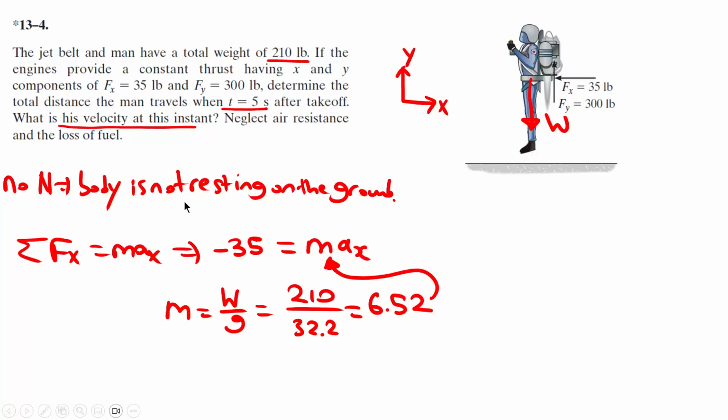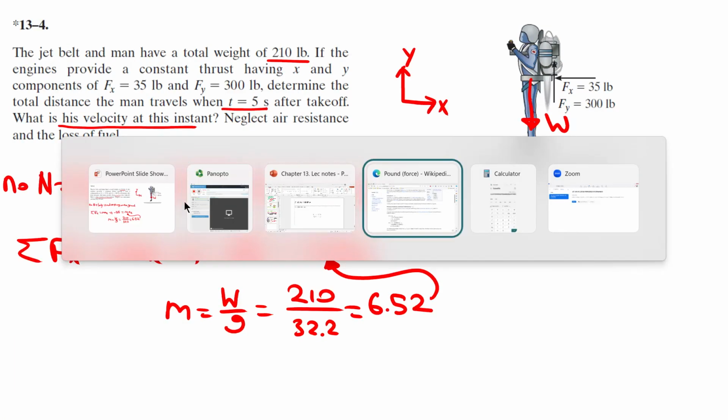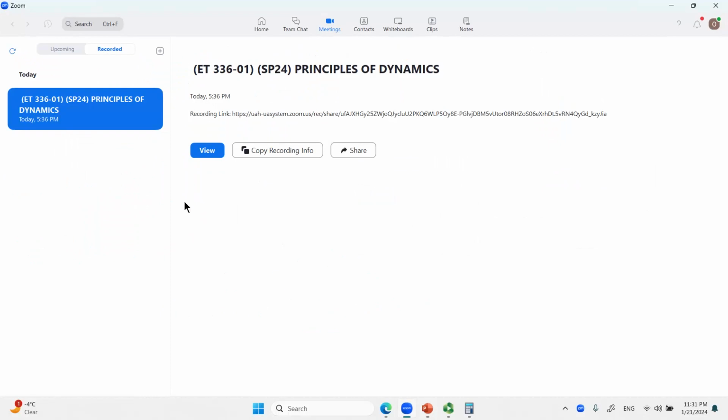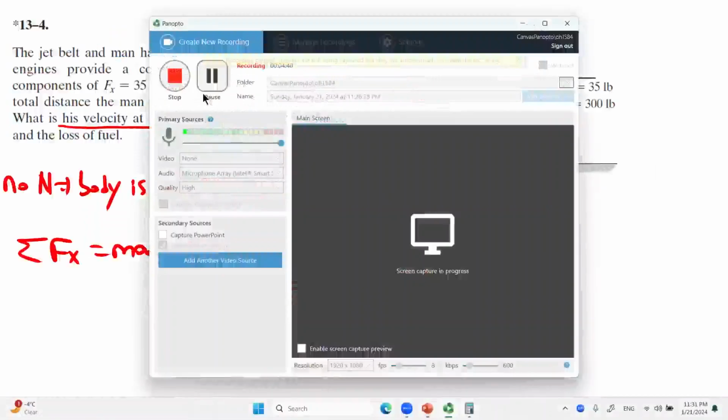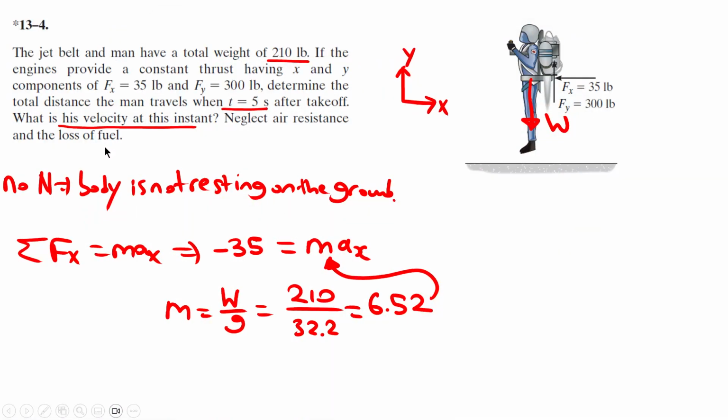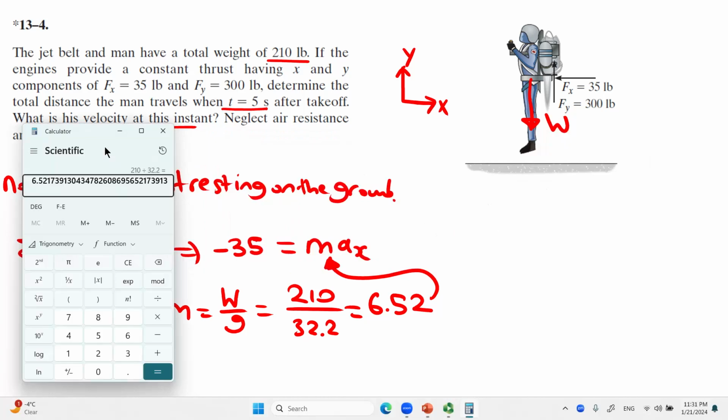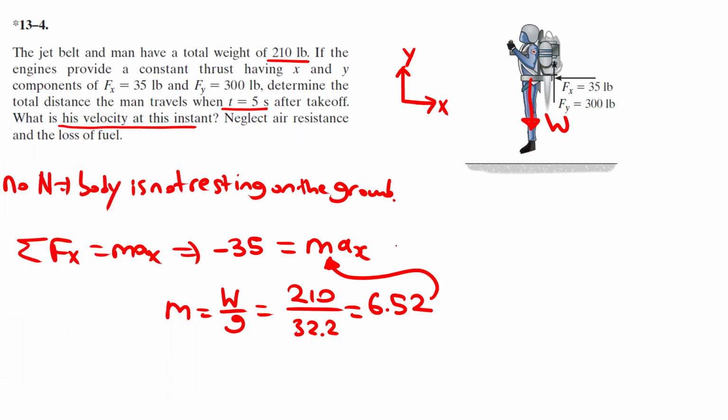Then we replace this back here and find the acceleration. So 35 divided by 6.52 makes 5.37. So a_x is negative 5.37 feet per second squared.